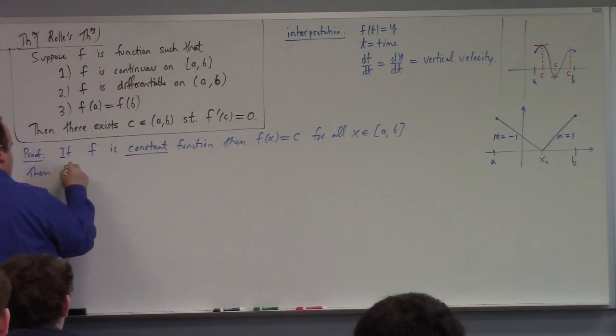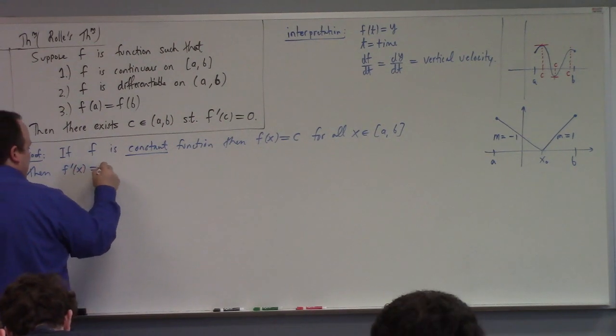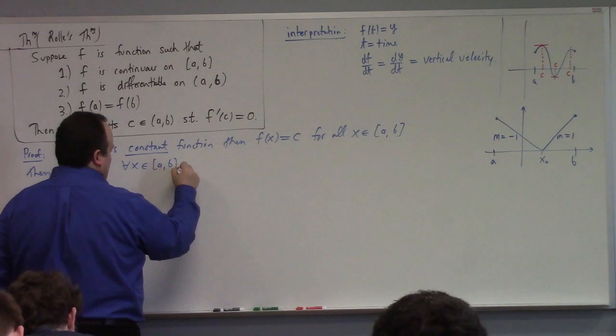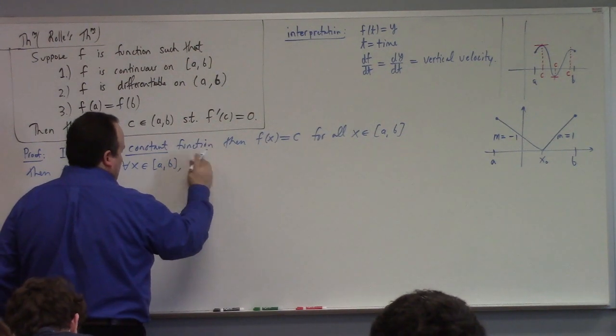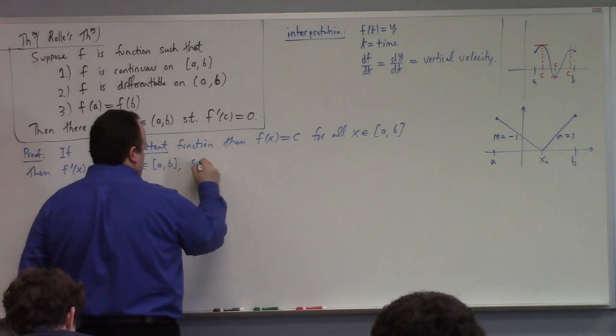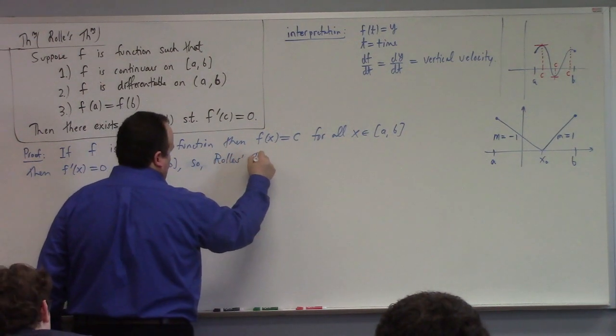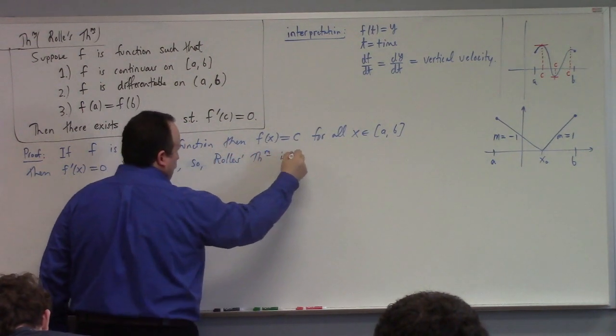Then, of course, f prime of x is equal to 0 for all x in a to b. So, Rolle's theorem is true.